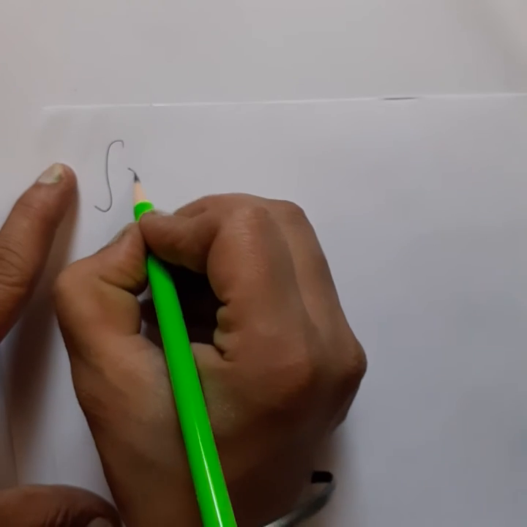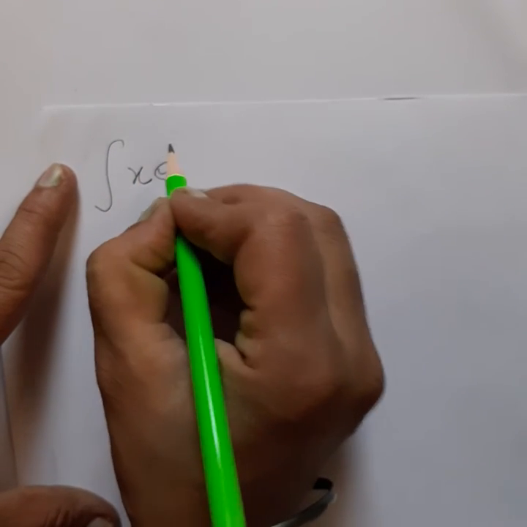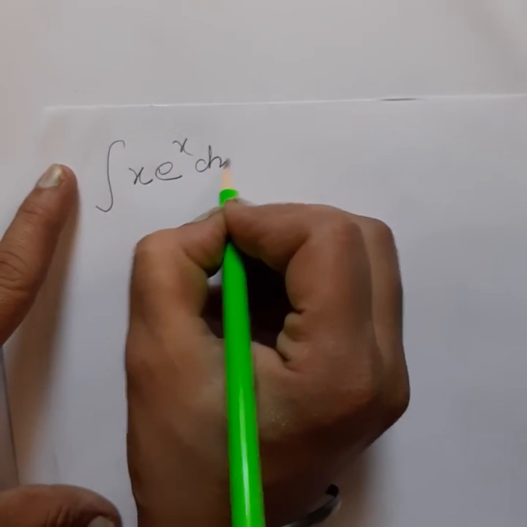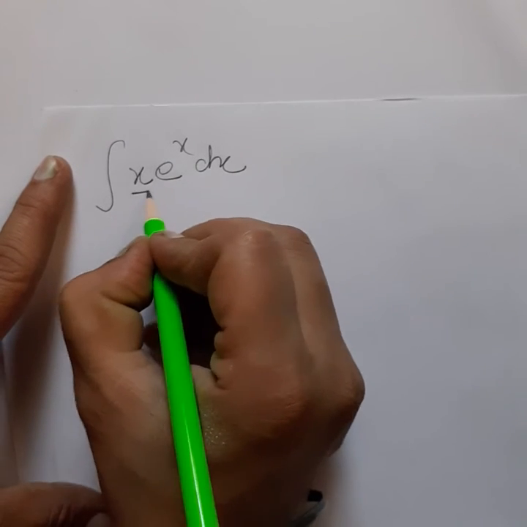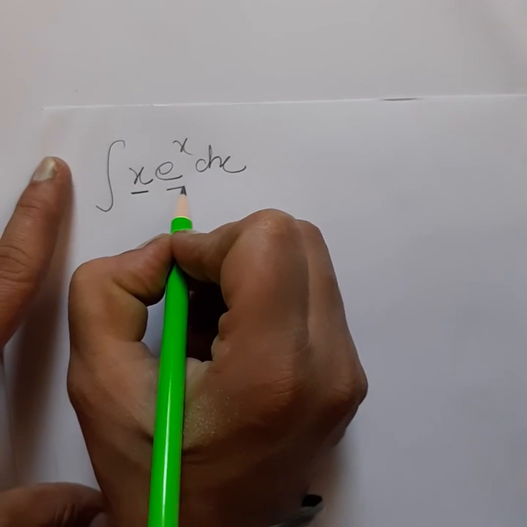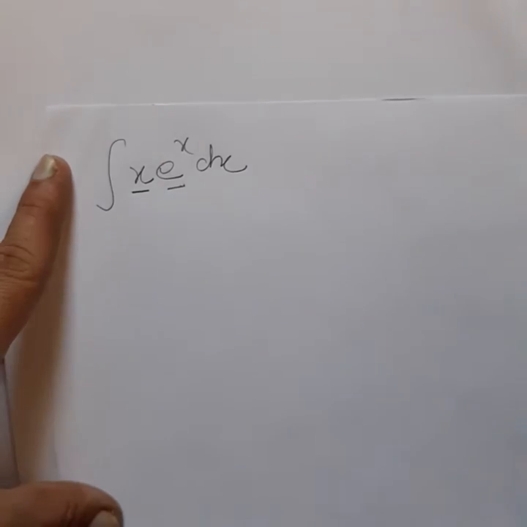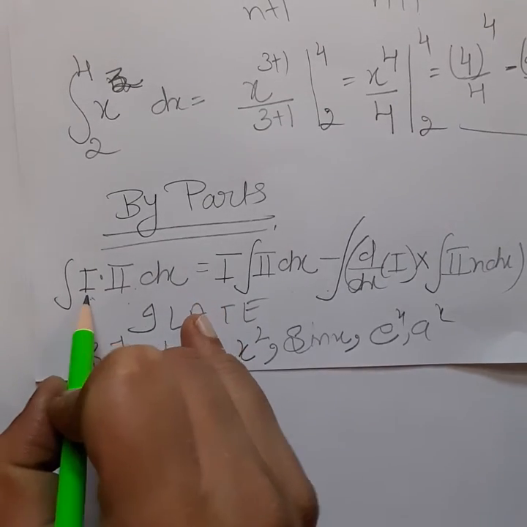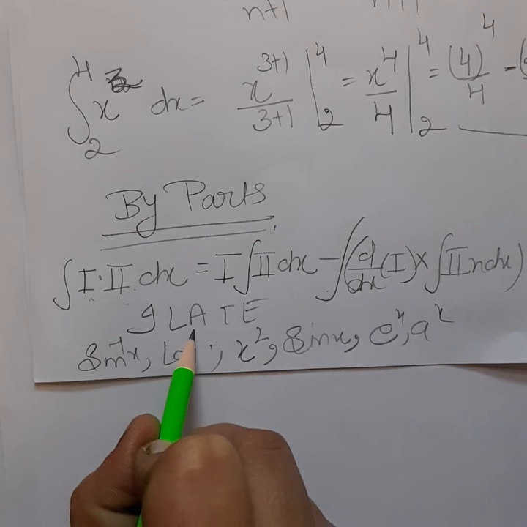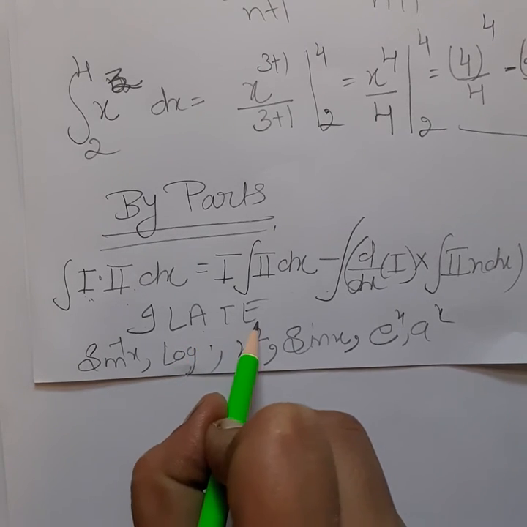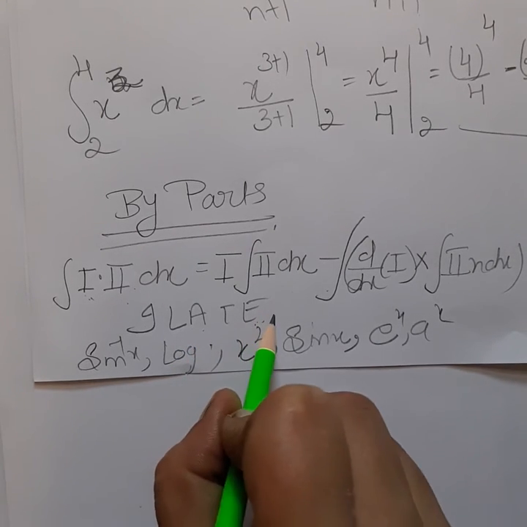Okay, now if we take an example, here we take x into e to the power x dx. So this is algebraic and this is exponential, and in the formula of I LATE, we can see that we choose A as the first and E as the second function.